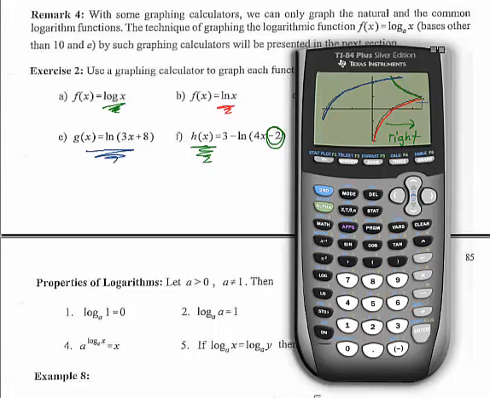If we could see more of it, you would probably see that this is flatter than ln of x. And you also see that it's moved up. Okay. So a lot of things happen between the base function and the final h of x.